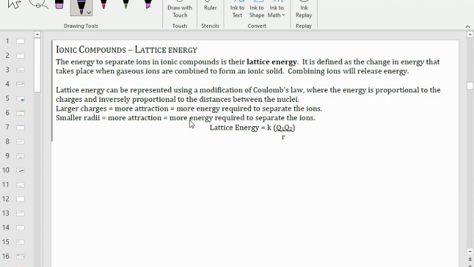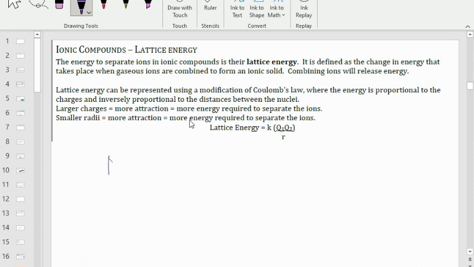All right. Ionic compounds and lattice energy. The energy needed to separate ions in an ionic compound is called their lattice energy. Why do they call it lattice? Well, that is because they're set up in what they call a crystal lattice.